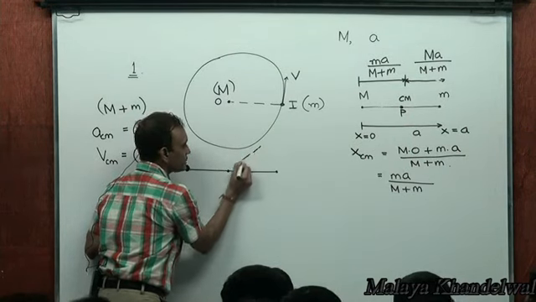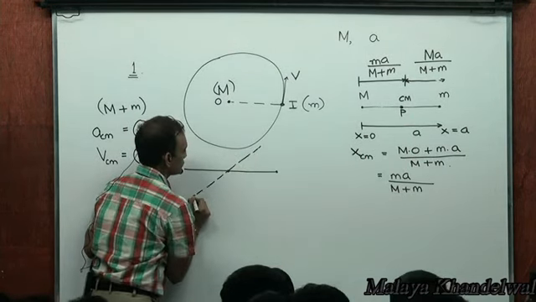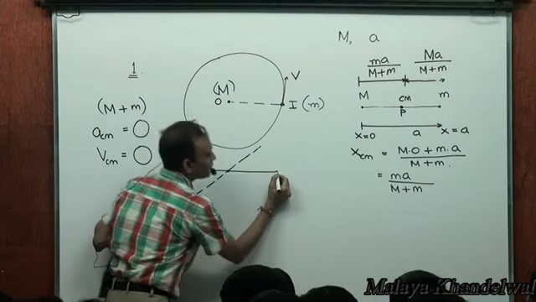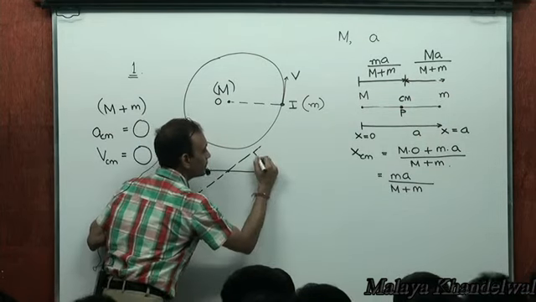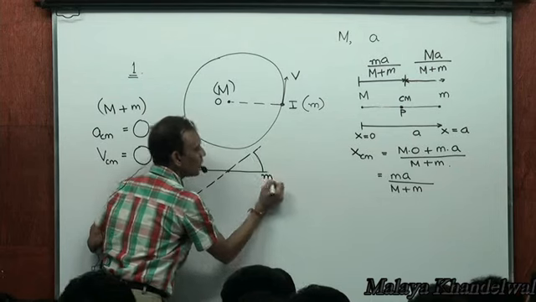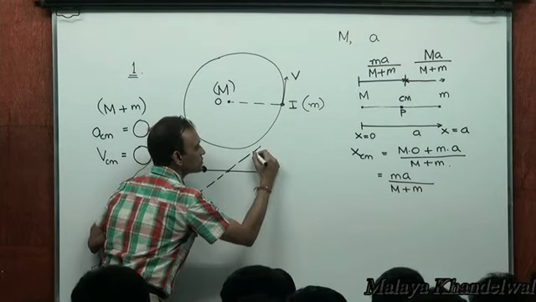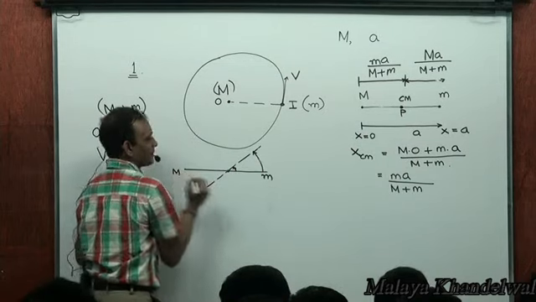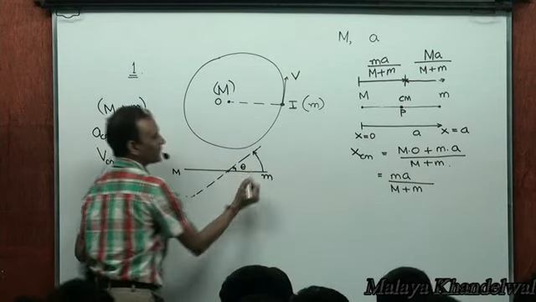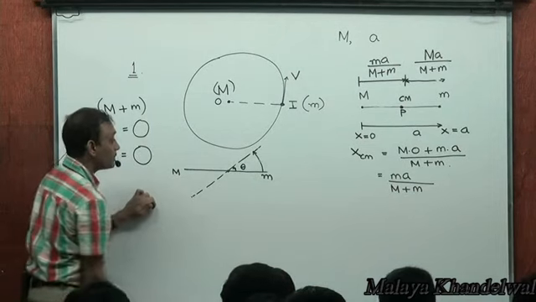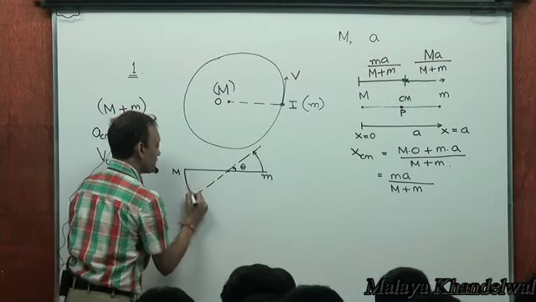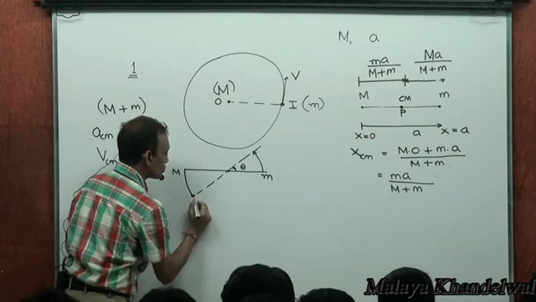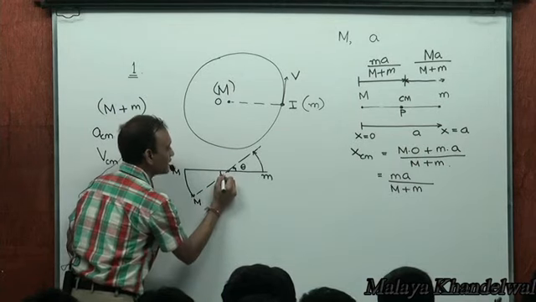Now, do you realize that if small m, this was small m, it moves to this position, and with respect to the line joining small m and capital M, if it has rotated by an angle theta, then do you realize that capital M must also rotate by the same angle theta?